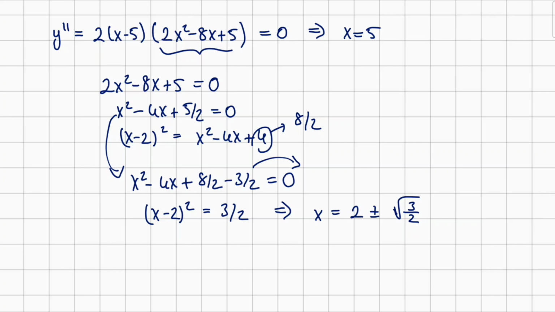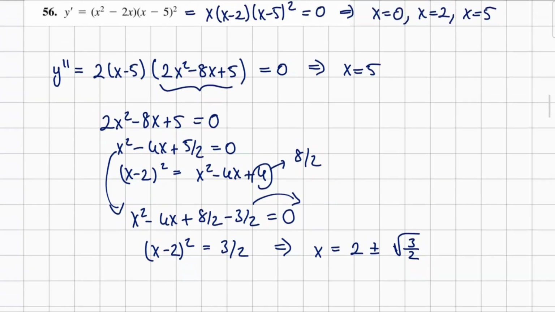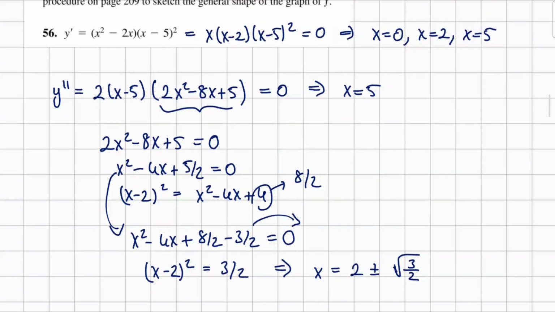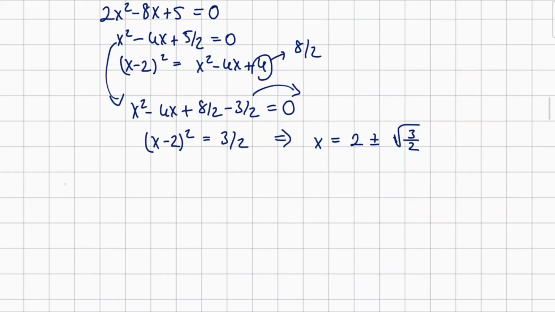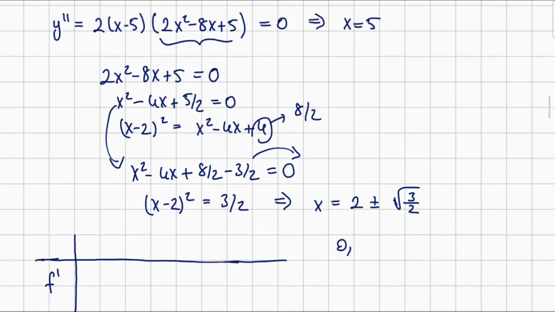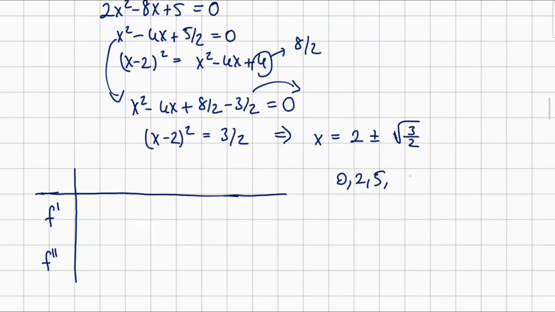Now we have all our x values, so let's set up the sign table. We have 0 to 5 and these 2 other points. First we need to put them in order. I'm going to draw my table, and I'm going to write down all the points.